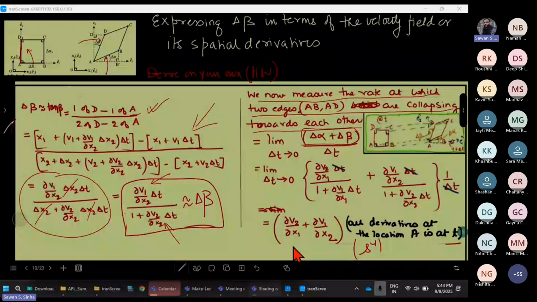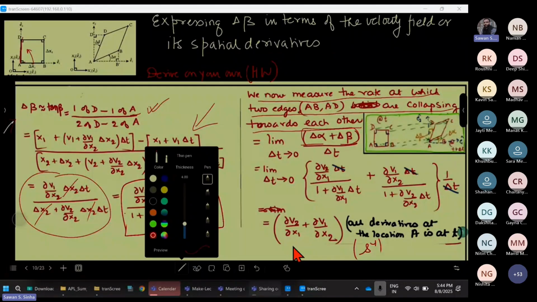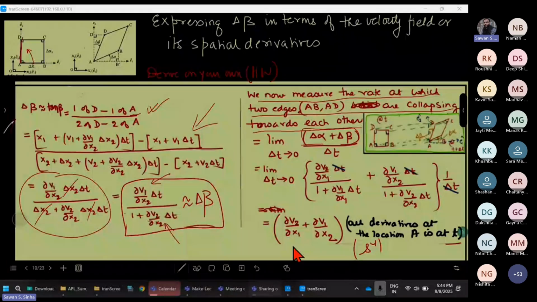And note, the sign that I took for delta beta and delta alpha, they are opposite, and that's why I have plus here. This morning I was saying that if one insists, one can put delta beta too. One can use delta beta symbol to show counterclockwise movement. And then in that case, the rate at which the two edges are collapsing for your derivation, we should have not plus here, but minus.